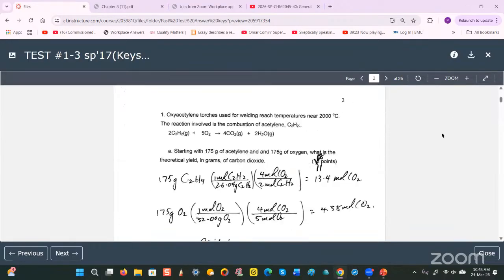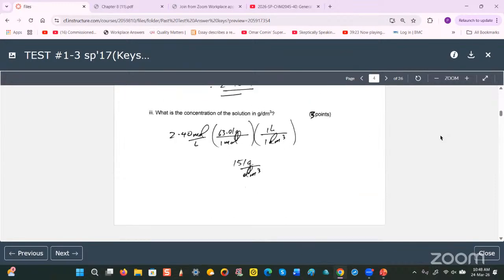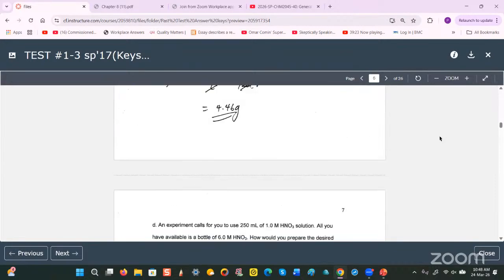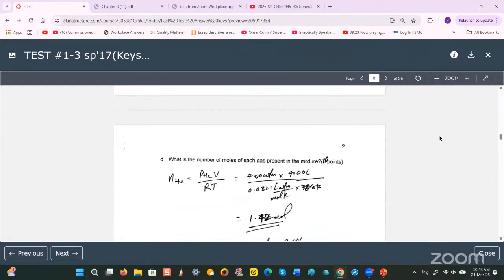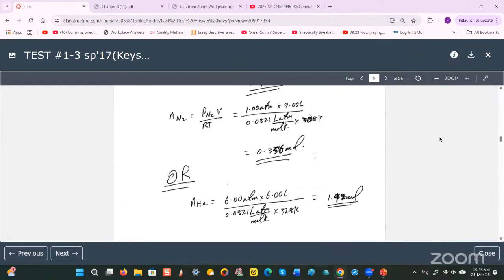Okay, so let me just do a quick scan of this here. Okay, so yes, I would review that class test number 2 as well. All right. And of course, in addition to all that I've just said, I will just basically try to do as many questions as I can, especially from the textbook. All right. If you do that, then you should be in good shape for the next test. And of course, I'll be available if you have any questions during my office hours. All right. So with that said, I'll see you guys next week.